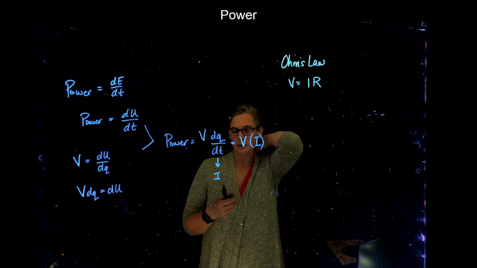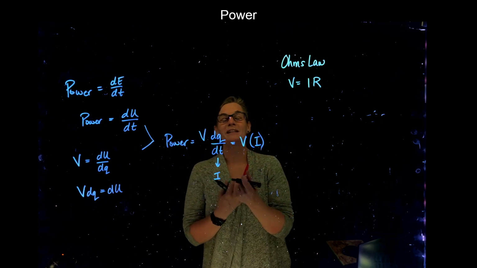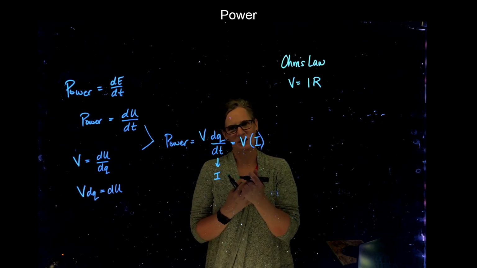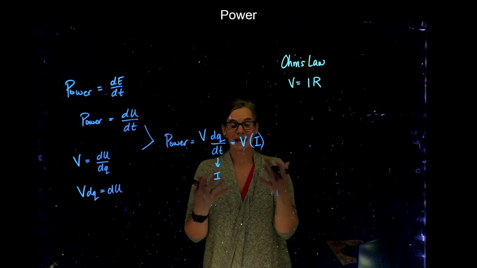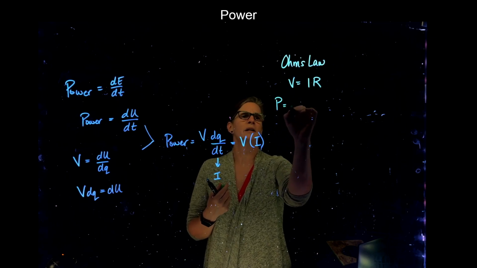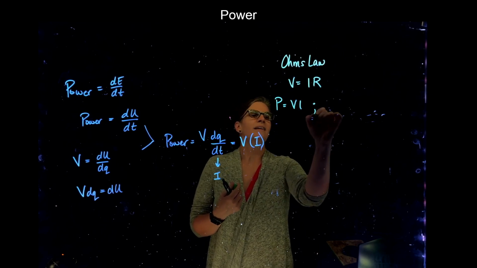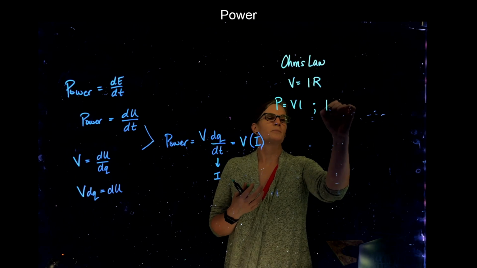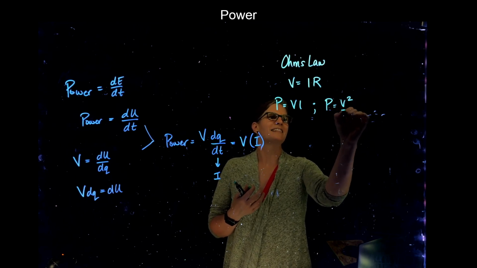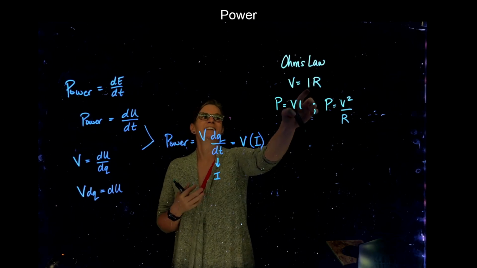So if I do a little bit of rearranging and substituting, we have three relationships for power that we can utilize in our analysis of electricity. We have power equals the voltage times the current that we've already talked about. I can get power in terms of the voltage and the resistance by substituting in current from Ohm's law.